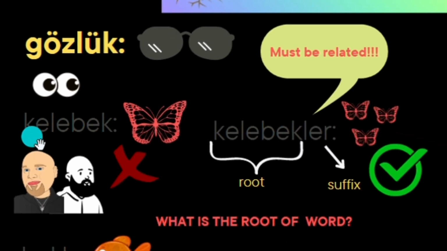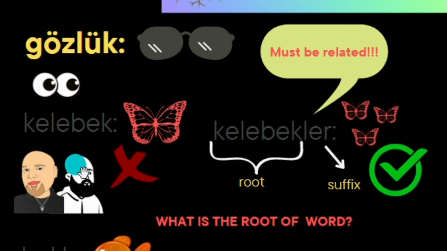Another example, kelebek. Kelebek means butterfly. Well, what is the root of kelebek? Kel? No. Kel is this, not hair. Bald, I mean bald.